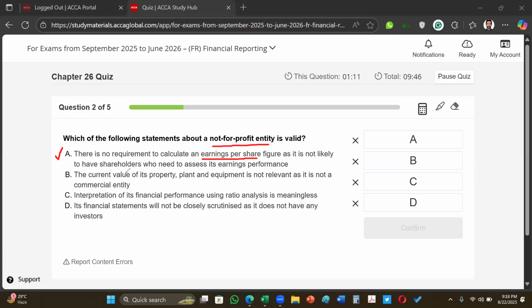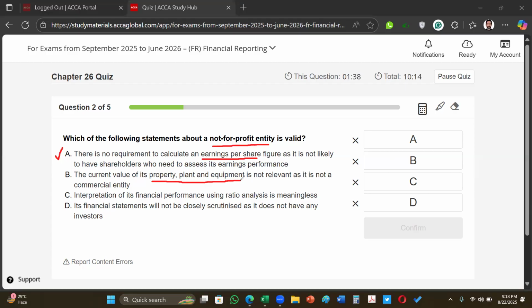The current value of its PPE, property, plant, and equipment, is not relevant as it is not a commercial entity. Now, this is not correct because not-for-profit entities also have property, plant, and equipment, and these are very valuable items for any entity, whether it's profit making or not for profit.